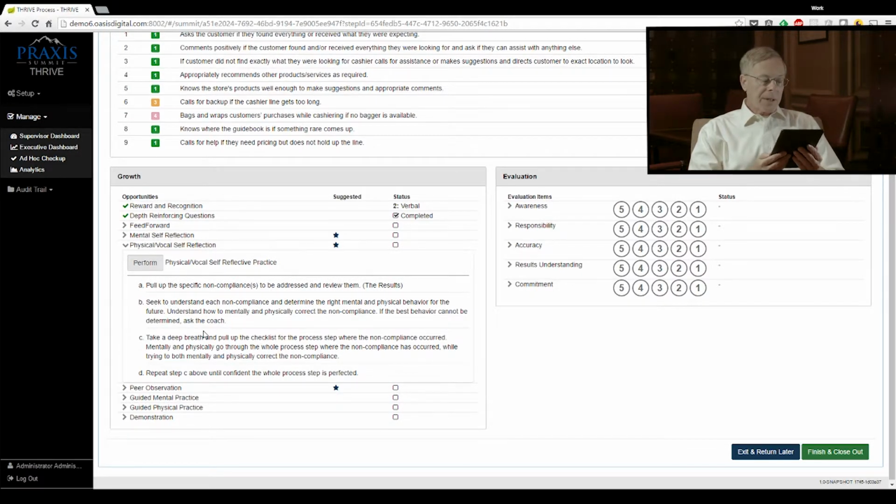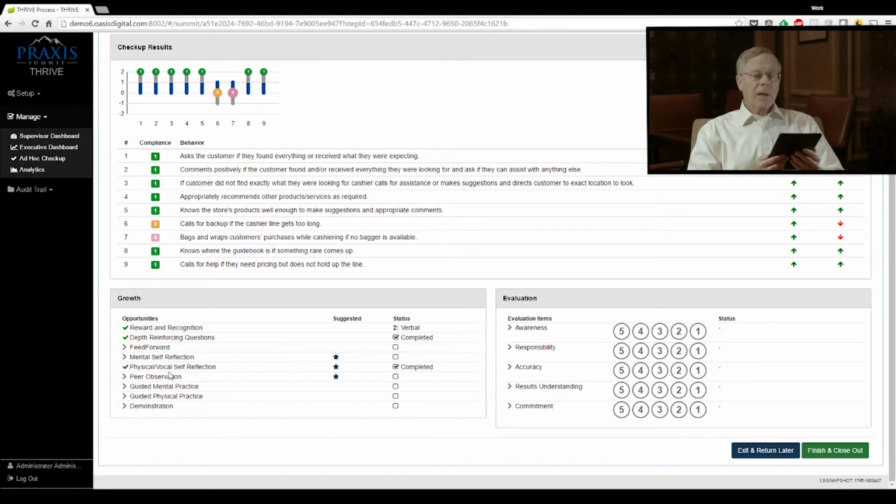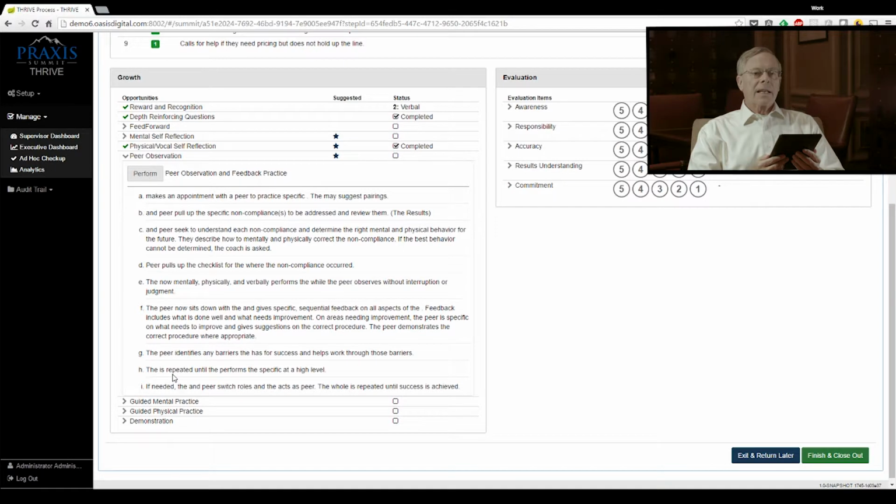Peer observation is the next level. This is based on the philosophy, and again, research proven, that nobody learns more than the teacher. Teacher always learns more than the student. So this is the process of an employee observing another employee going through the process, and self-evaluating, and then reversing.